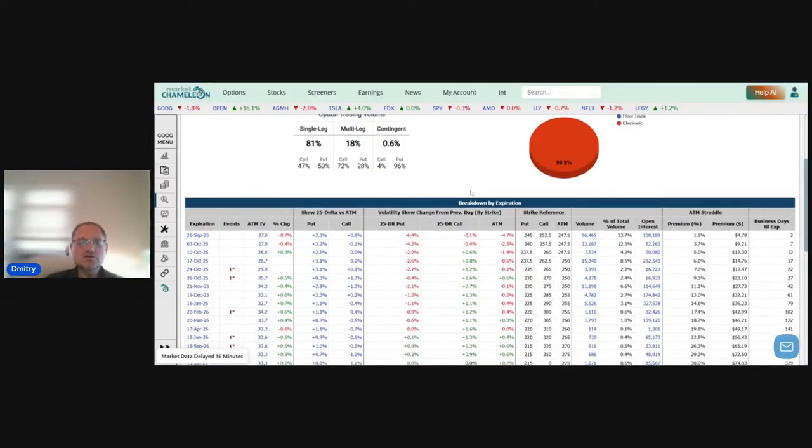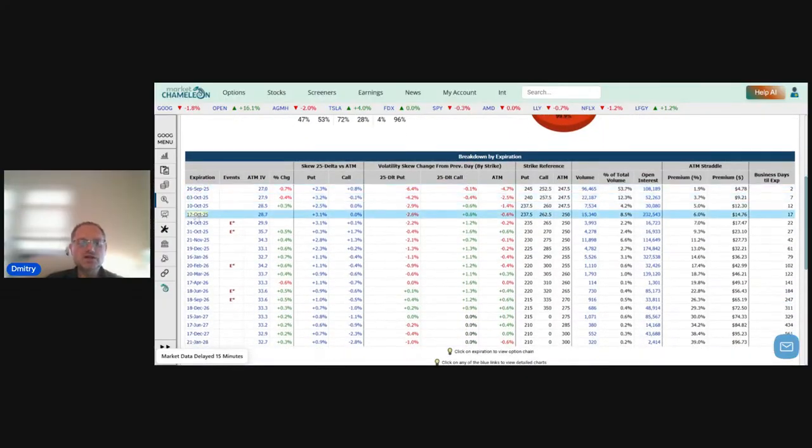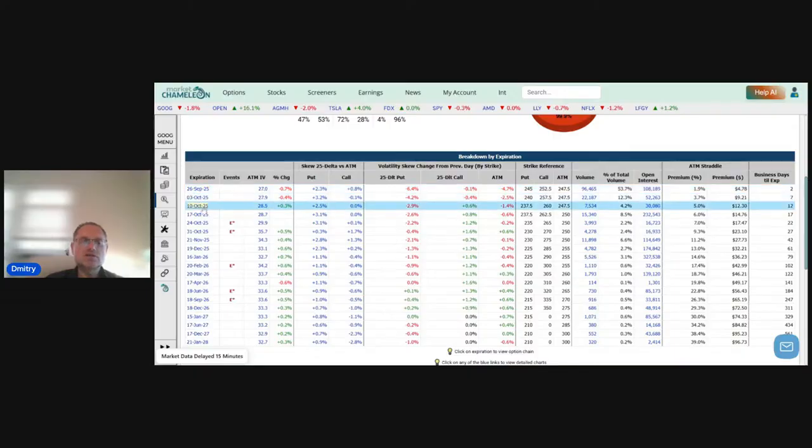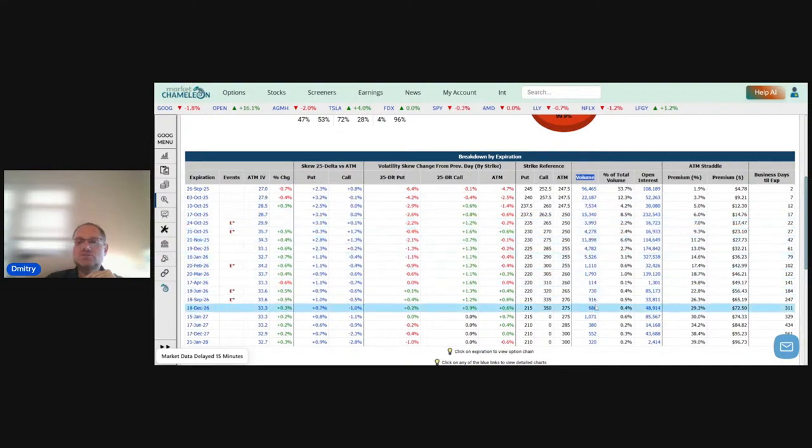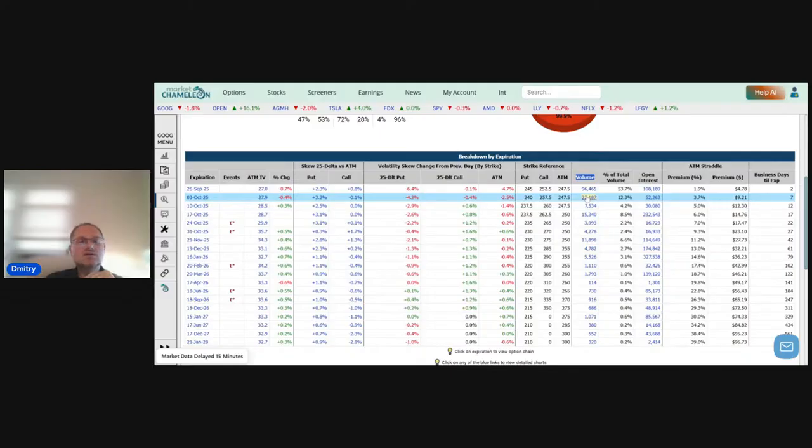So if we come down here and we see all these option expirations, September 26th, October 3rd, October 10th, and going down, we have these data elements. And if we come up to here we see the volume for each of these expirations. So really quickly, you could eyeball and just see any volume that stands out, like 96,000 for September 26th, October 3rd, 22,000.